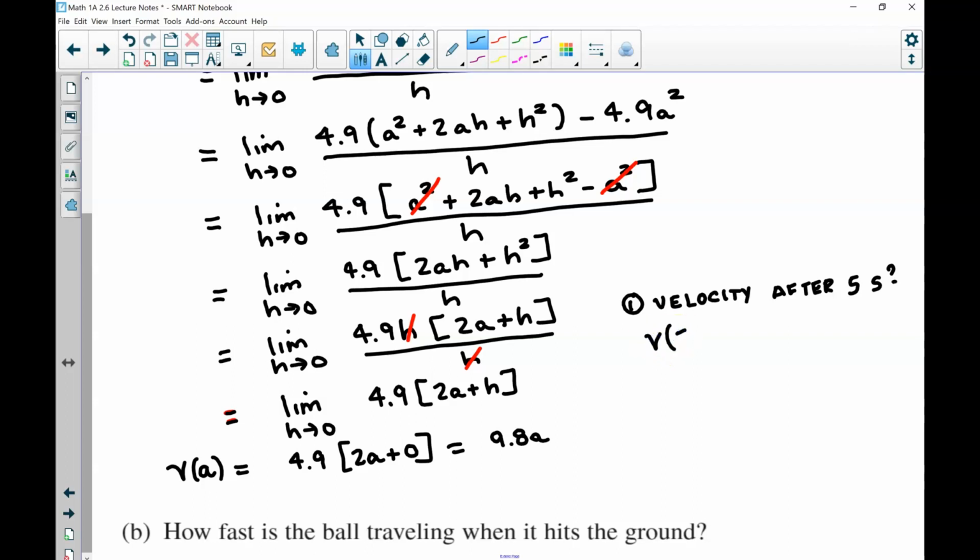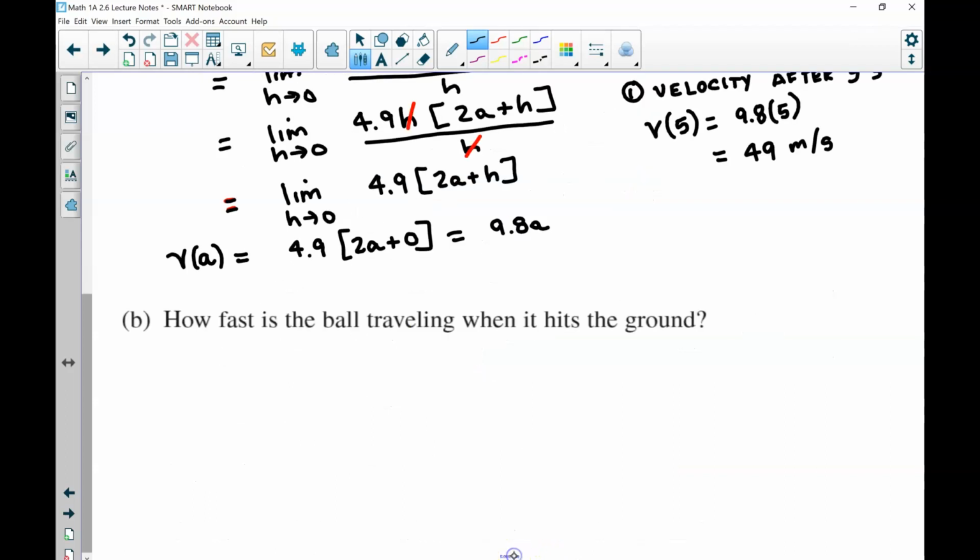So the velocity after 5 seconds, when a is 5, is then 9.8 times 5, which is equal to 49 meters per second. Okay, so that gives us the velocity after 5 seconds.